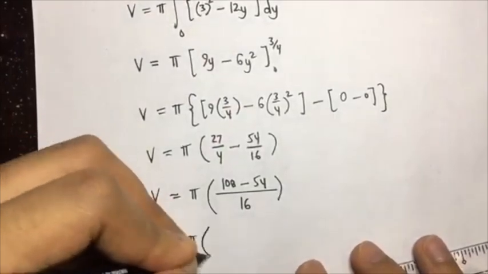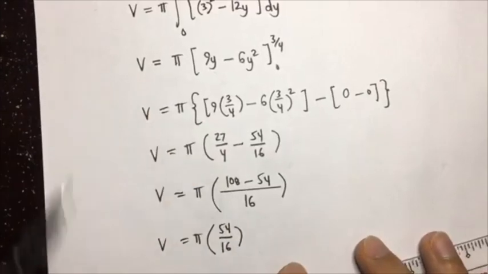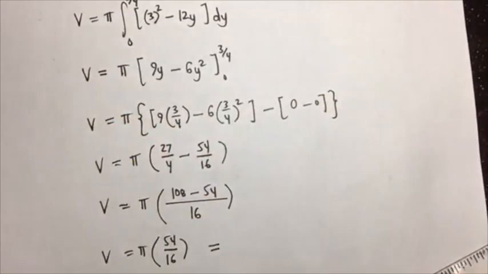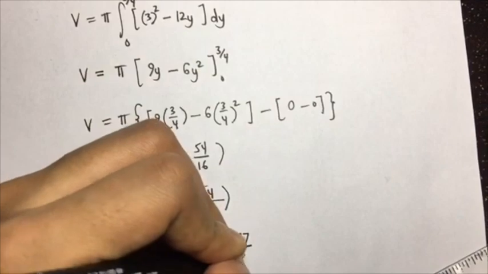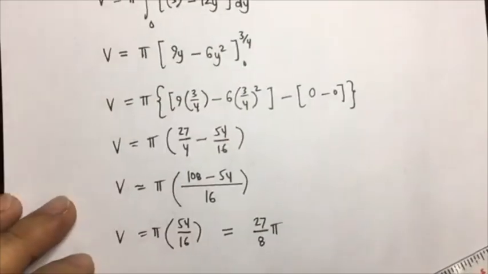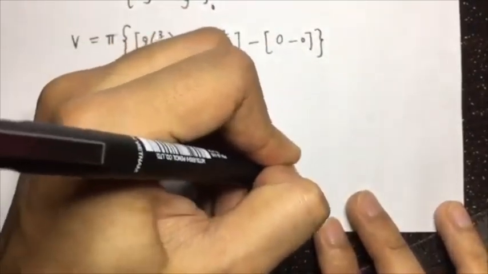Simplifying, that will be pi times 108 minus 54, that is 54 over 16. Simplifying 54 over 16, divided by 2, that is 27 over 8. So 27 over 8 pi, in cubic units.